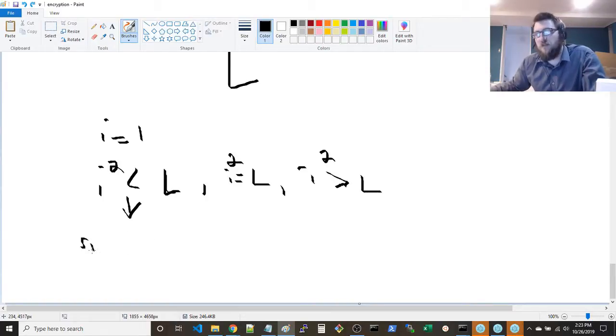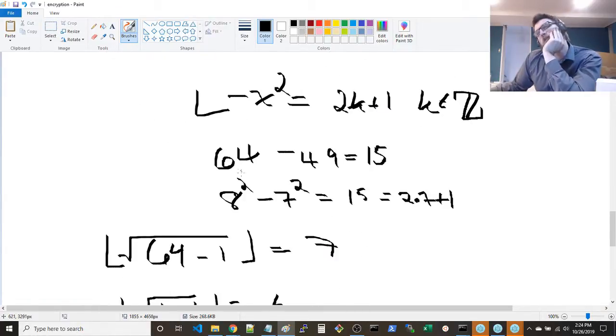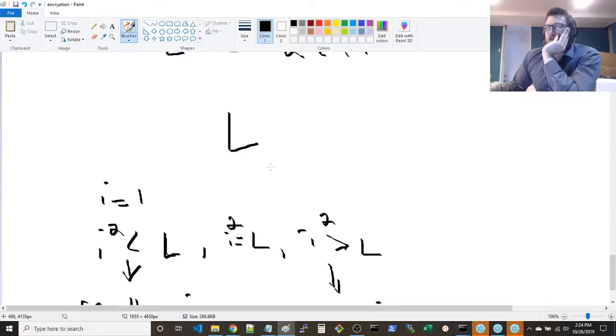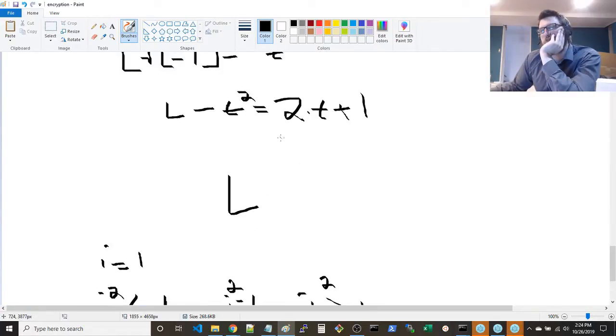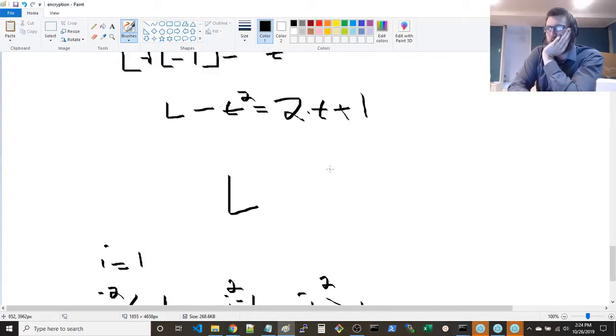In this case, larger I. But the problem is, how much larger are you supposed to make your I, and how much smaller? Usually there's some range that you're iterating over with binary searches. How does this work? You could just keep squaring the thing until you're larger and do it that way.